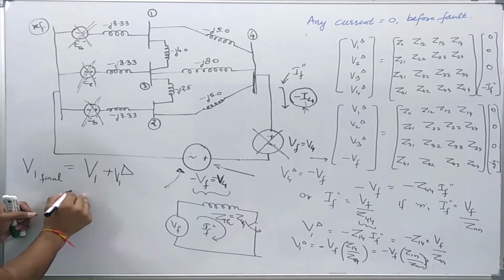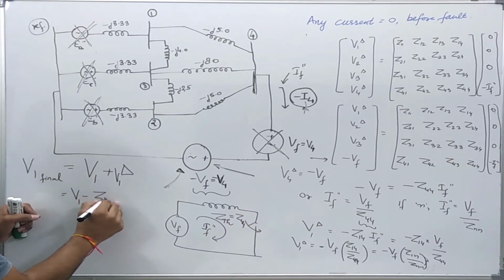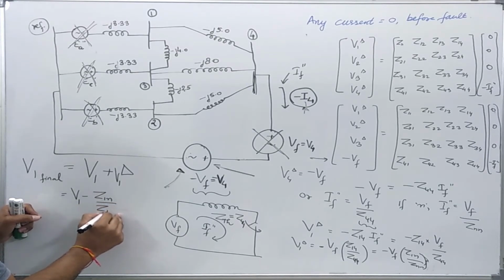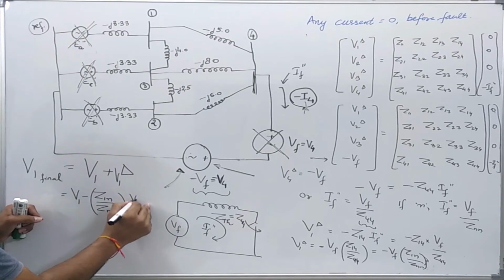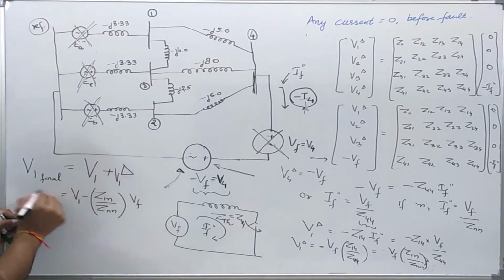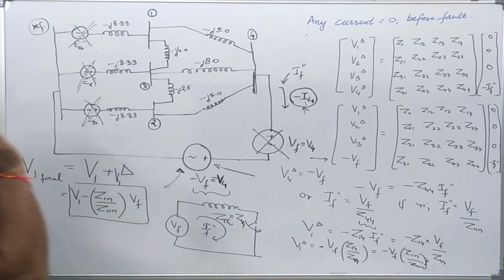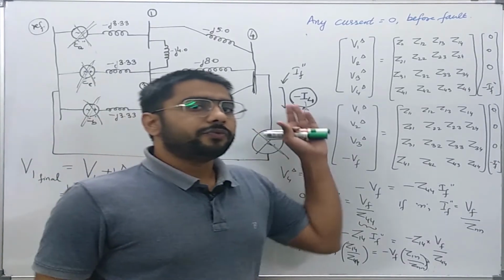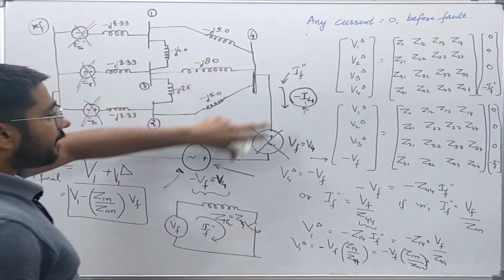So it comes out to be V1 minus Z1n over Znn times Vf. In this way, I can find the final voltages at various buses after the fault.